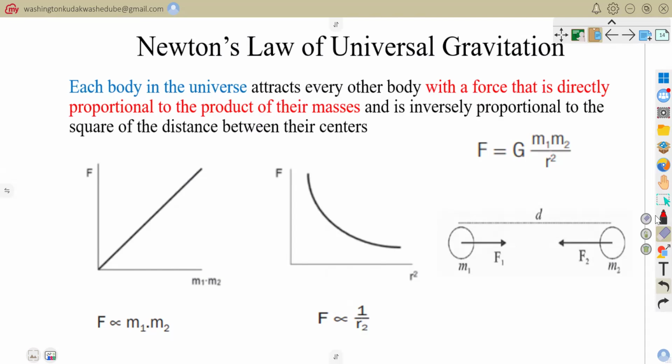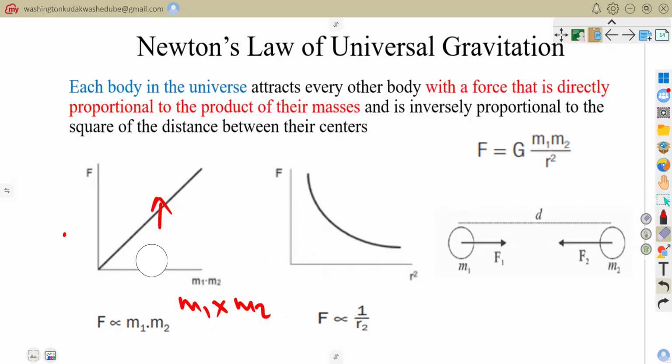I brought diagrams here that I took from a certain textbook so that we can use them to explain and represent what we mean by Newton's law of universal gravitation. The first diagram says that whenever you draw your force on the y-axis and the product of M1 times M2 on the x-axis, this force will be represented by a straight line graph, which means that as you increase the magnitude of this product, you also increase the magnitude of your force.